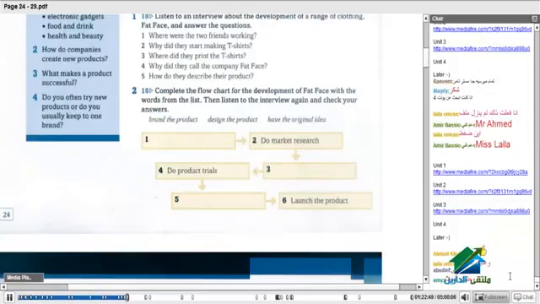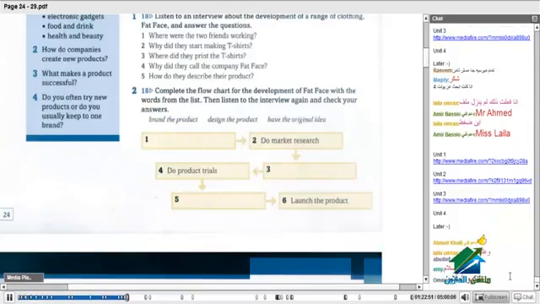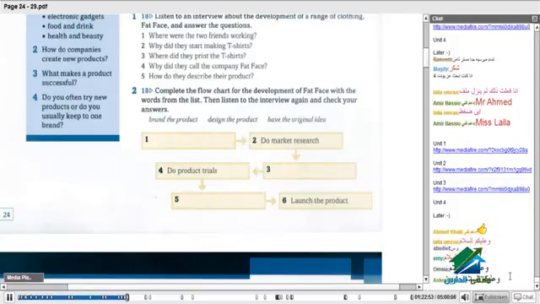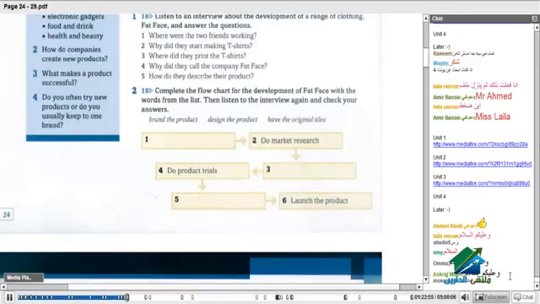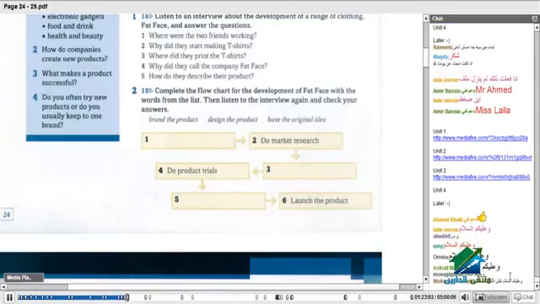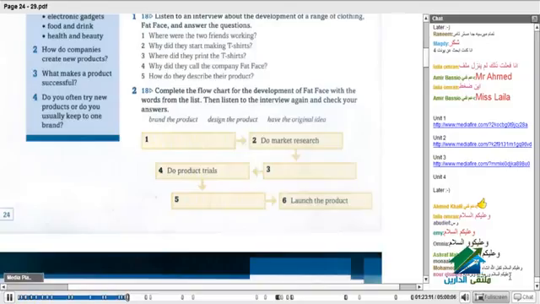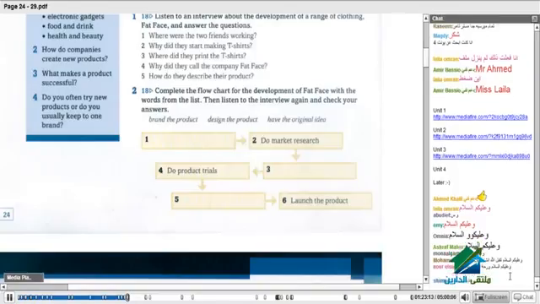So we are talking about the development process of any product. It started with the original idea. You will have an idea, which is actually a solution to social needs. You will have a unique idea to solve a problem or to add an option for social life.